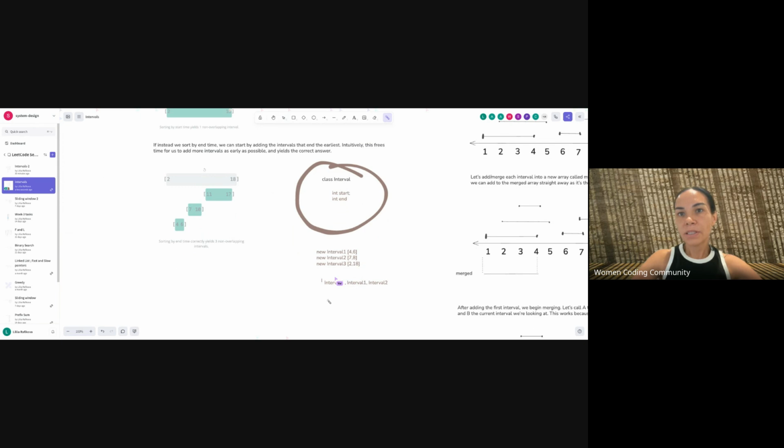After this, once we sorted, we will compare interval 3 with interval 1, right? And we will figure out that they actually are overlapping. And we will compare interval 1 with interval 2.